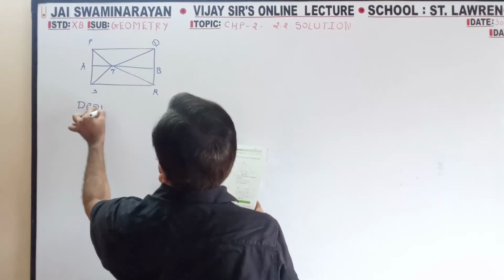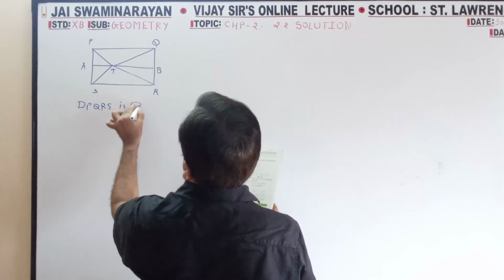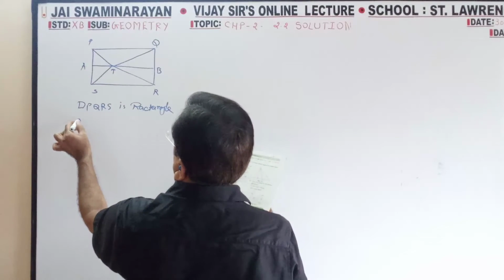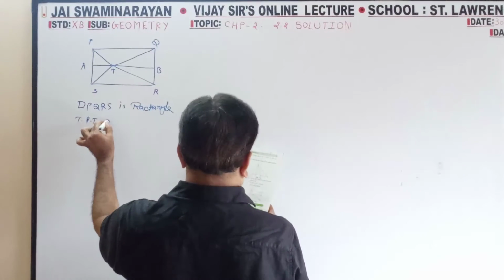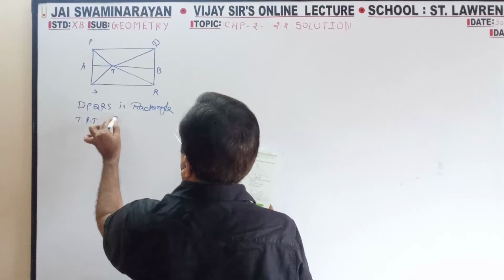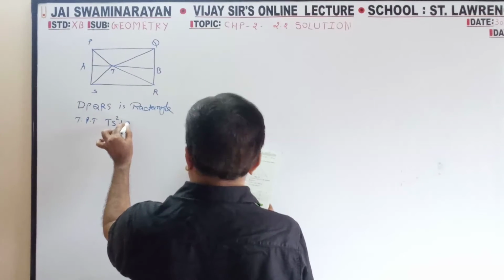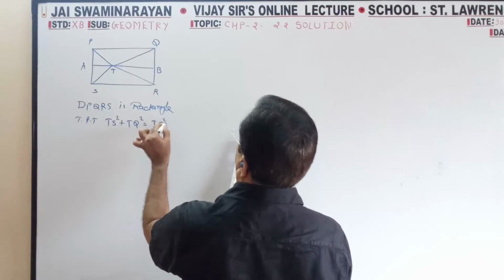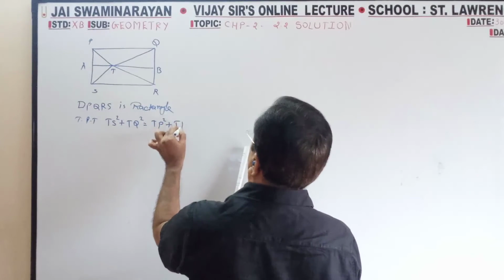Coordinately, PQRS is a rectangle. To prove that TA square plus TQ square is equal to TP square plus TR square.